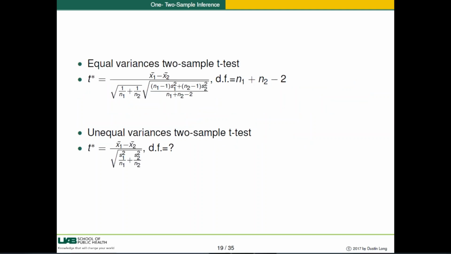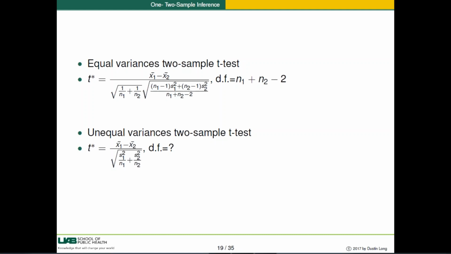And here are some more formulas, which I know everybody really appreciates and enjoys. This is the formula for the equal variance two-sample t-test, and then the unequal variance two-sample t-test is below. The thing I would want to point out is that the degrees of freedom for the equal variance is really straightforward. It's the size of each sample added up minus 2. So if I have 50 males and 50 females, my degrees of freedom are 98.